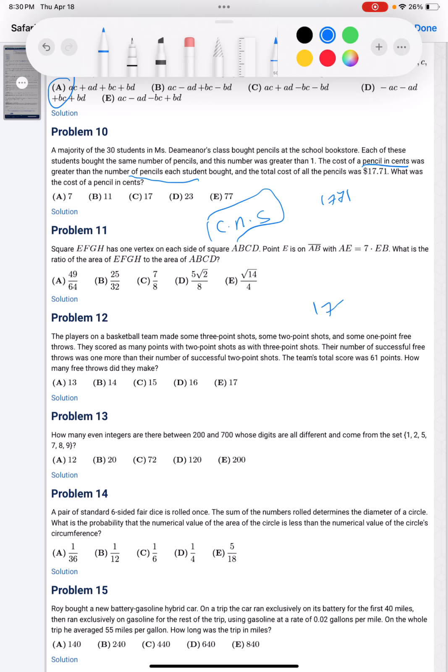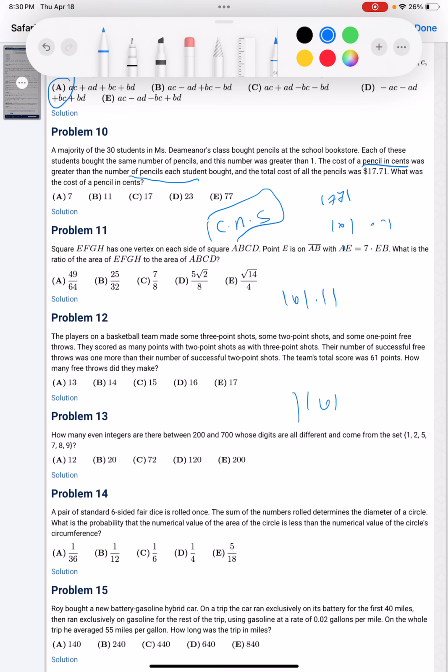So let's do 1771 divided by 11. You get 161. So it's 161 times 11. 161, is that divisible by 13? No, it's not. I don't think 161 is prime.